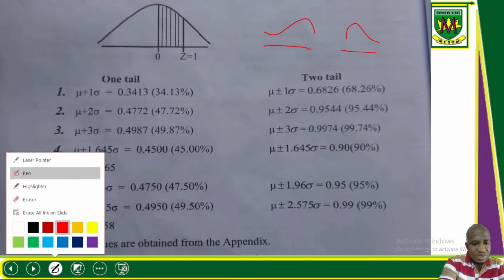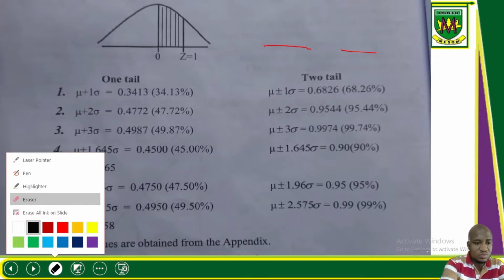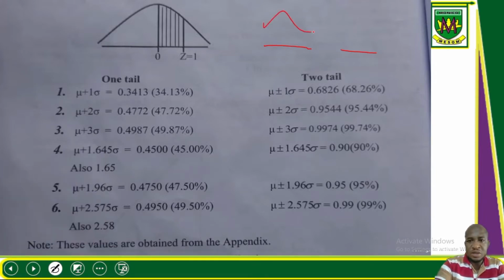Sorry, let me use the normal curve. It's either the researcher wants to move in one direction or the researcher intends to move in two directions. I mean, want to move in both angles.